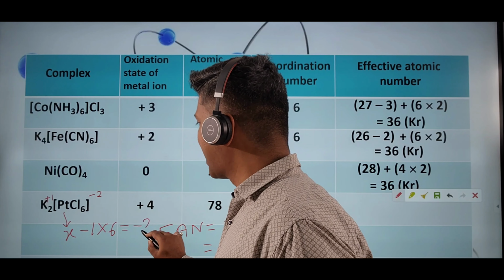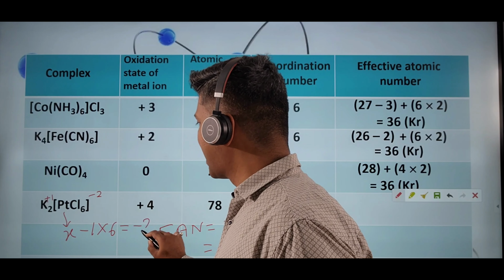This equals -2, so X minus 6 equals -2. 6 will go on the other side, you will get 4, so the value of X is 4. +4 is the oxidation number, or the number of electrons lost by Pt. And how many electrons is it gaining? 6 Cl are there, 6 is the coordination number, that means every Cl will give 2 electrons, and the number of electrons gained by the central metal atom will be 12.